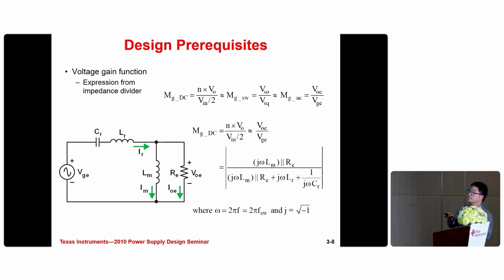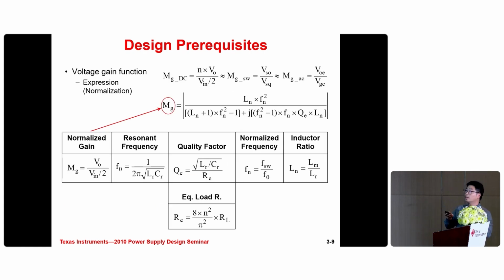We can get this equation quickly. It's very simple. If we do some normalization, we will get this equation. Here F0, Q, Fn, and FL are the parameters in this equation, which we define and list here.